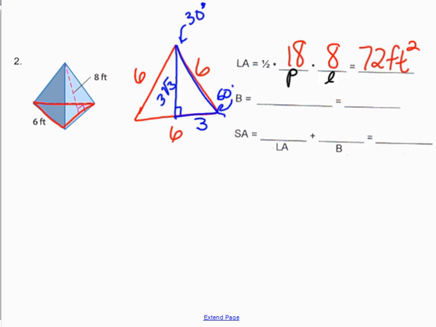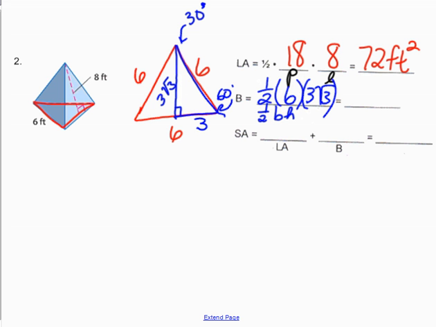Because we have to figure out the area of the base. The area of a triangle is 1/2 of the base times the height. I've got 1/2 of the base, which is 6, times the height, which is 3 radical 3.